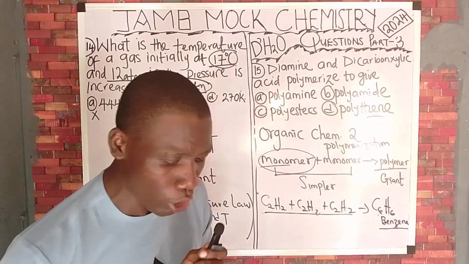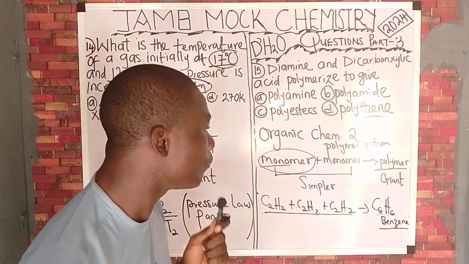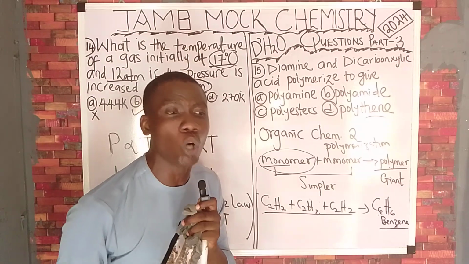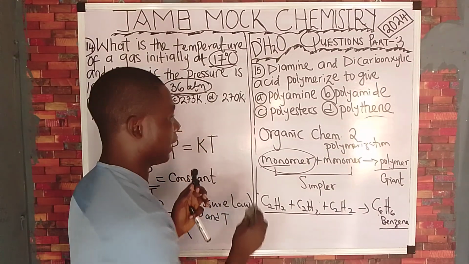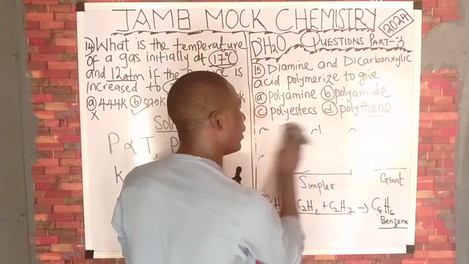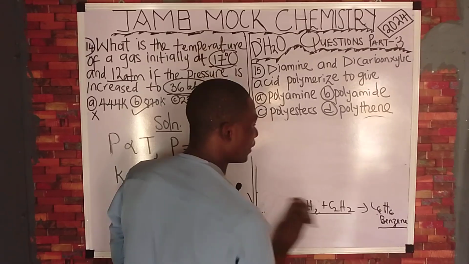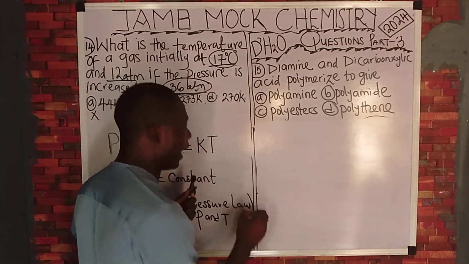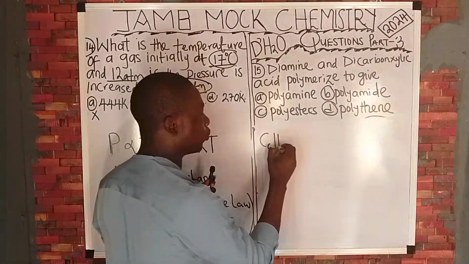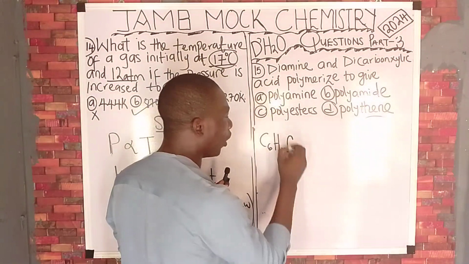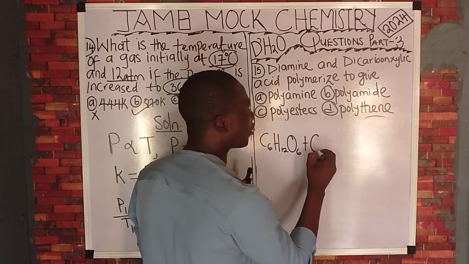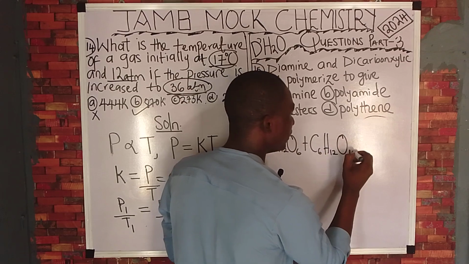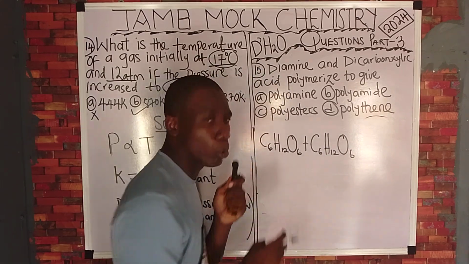But in condensation polymerization, it involves the elimination of either water or ammonia. For instance, can you give me a simple example of condensation polymerization? Yes. If we have glucose, C6H12O6, plus another glucose, C6H12O6, these are called monomers.